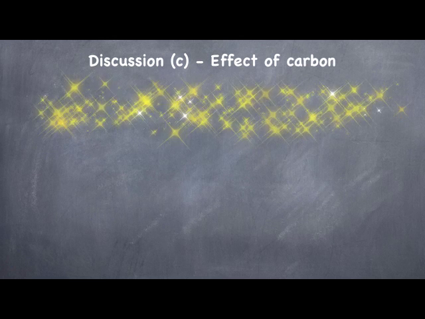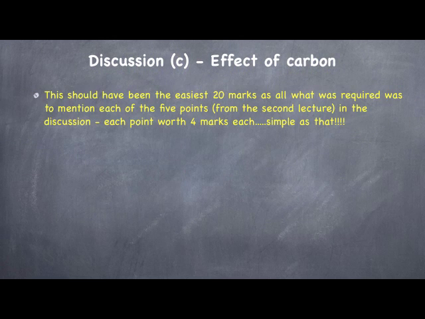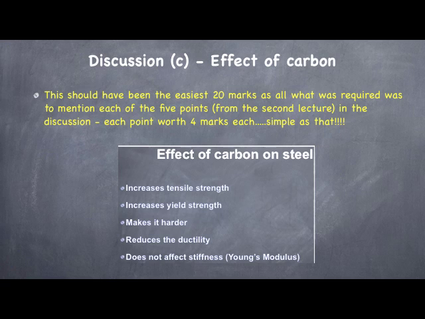And the third part of discussion is the effect of carbon. This should have been the easiest 20 marks that you could have picked up. Essentially what I was looking for in your discussion is to make these 5 points.